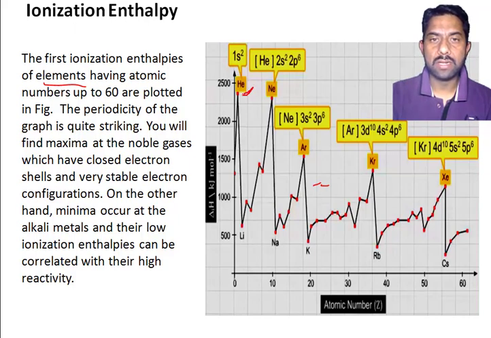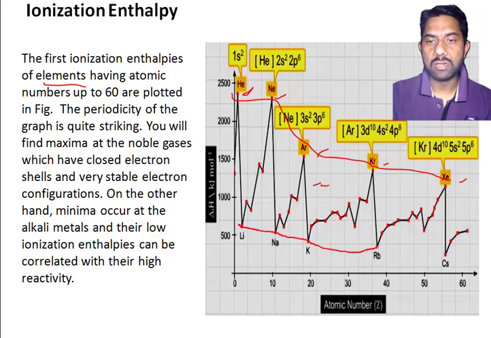For example, helium has the maximum value, then neon, argon, krypton and xenon. They are having maximum values, as you can see. Whereas the minimum values are found towards the left side of the periodic table, that is alkali metals: lithium, sodium, potassium, rubidium and cesium.